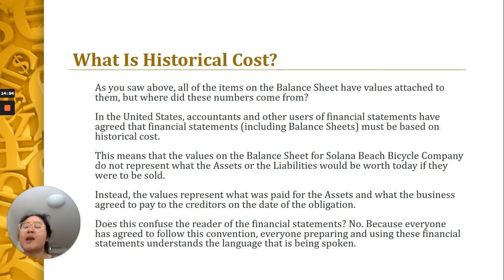It means that the values on the balance sheet of the Solana Bicycle Company do not represent what the assets or liabilities would be worth today if they were sold.